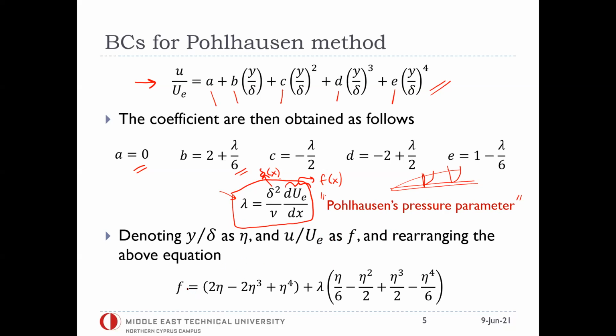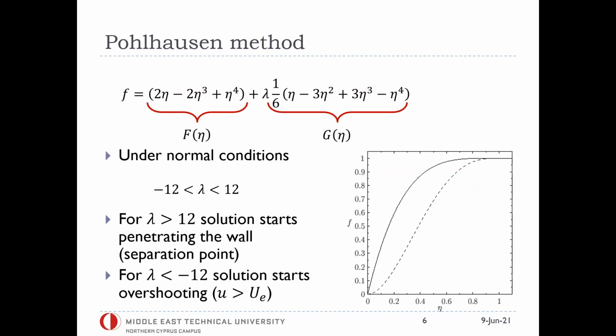So f on the left-hand side will be equal to 2 eta minus 2 eta cubed plus eta to the 4, and lambda times all these parameters, after rearranging and using this value as the definition of lambda. Okay, so we have this function now.